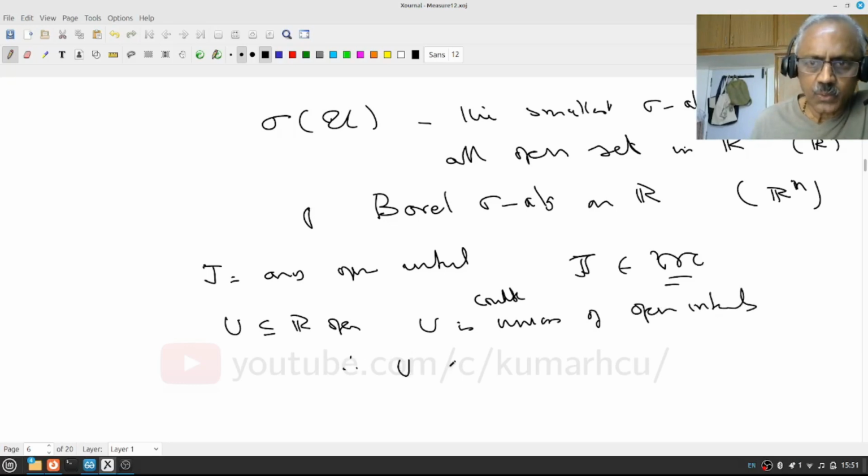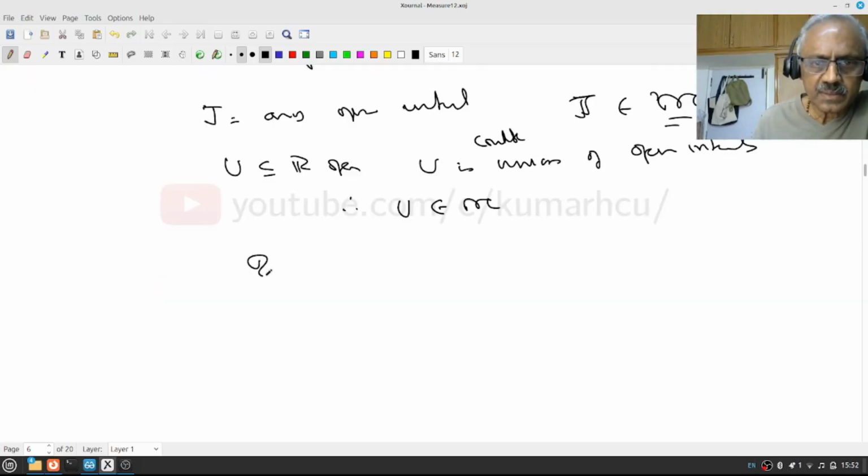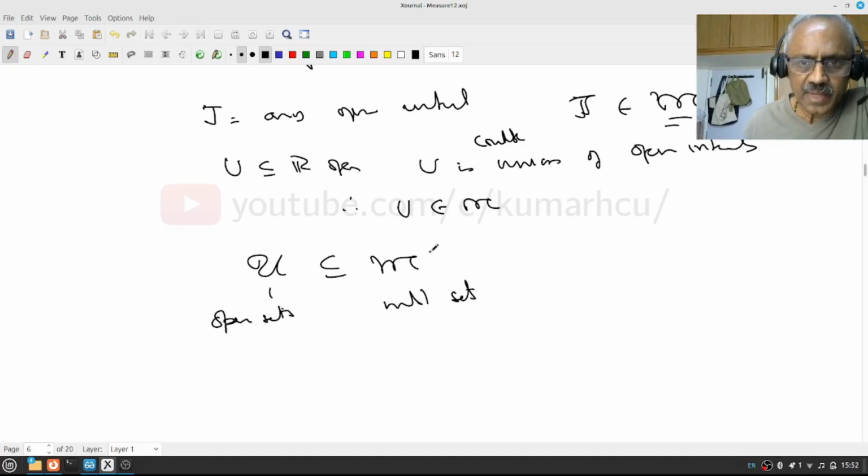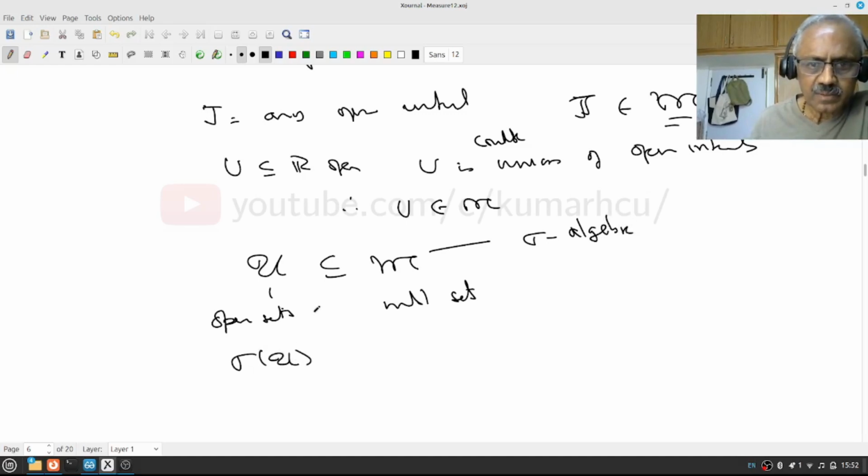Therefore, U also belongs to M. So this script U, all open sets, is contained in script M, all measurable sets. But I know M is a sigma algebra. And what is sigma of U? That is the smallest sigma algebra which contains U. But M already contains U. Therefore, sigma of U must be contained in M.